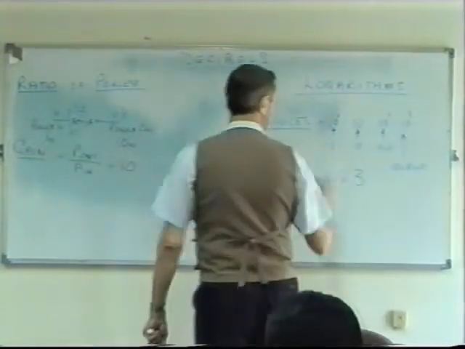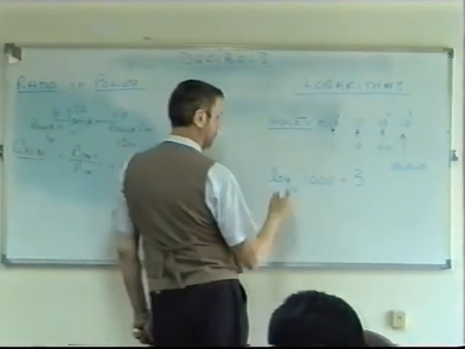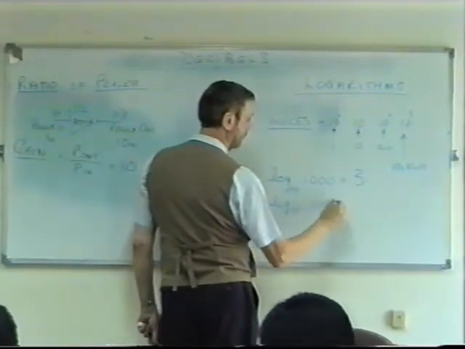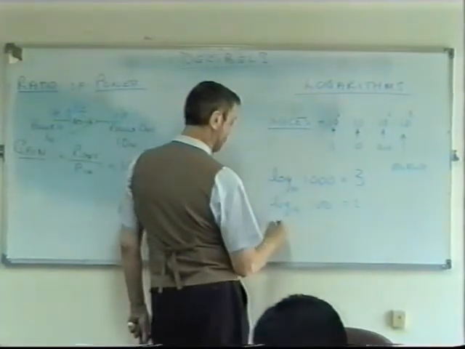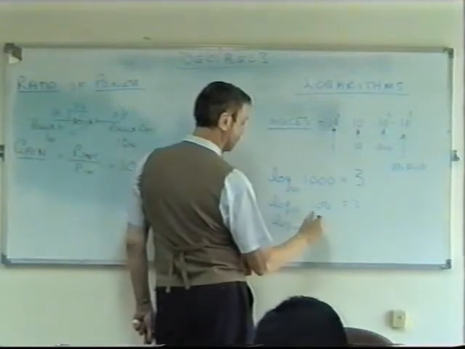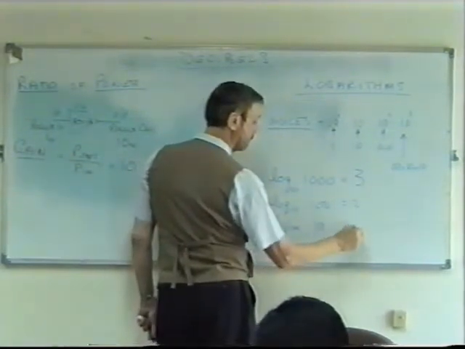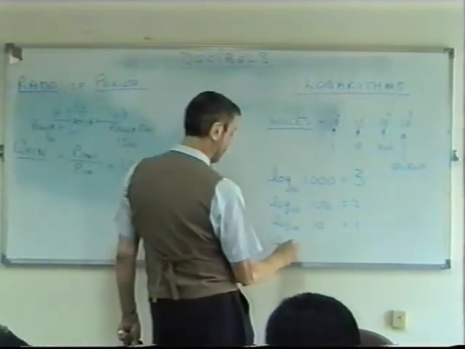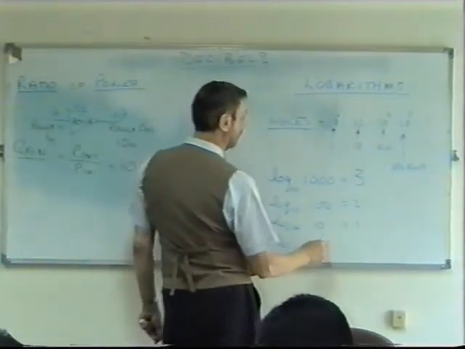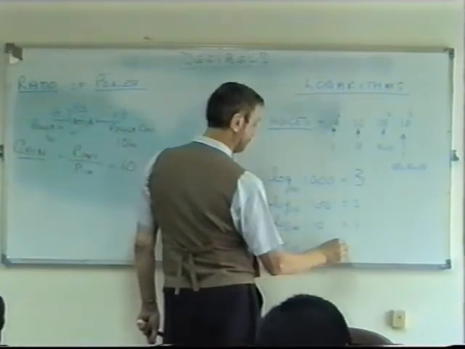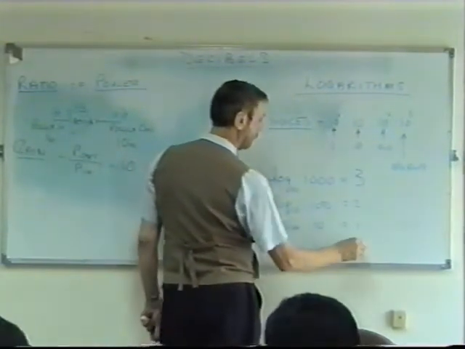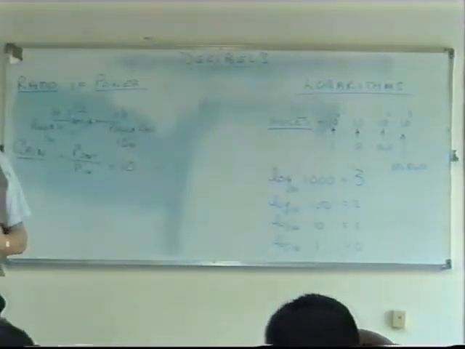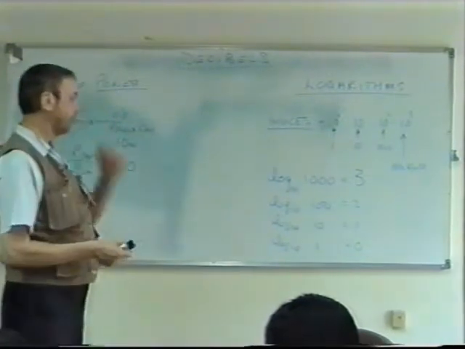All right. It's a different way of writing it, but it's the way we've got to think about it. Logarithm to the base 10 of 100 is 2. Logarithm to the base 10 of 10 is 1. Agreed. And logarithm to the base 10 of 1 is 0. Do you see how we've converted the two? Right. Okay.